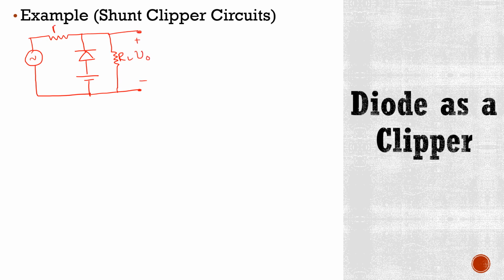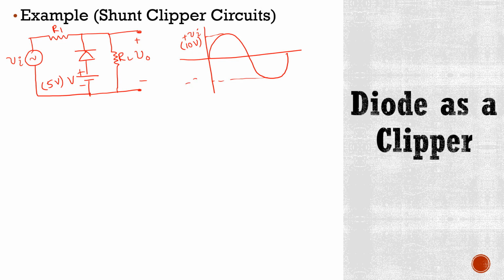This is R1, this is the battery V, which suppose is 5 volts, and this is Vi. Suppose the input signal is like this, where the positive Vi is 10 volts, and the negative Vi is minus 10 volts.